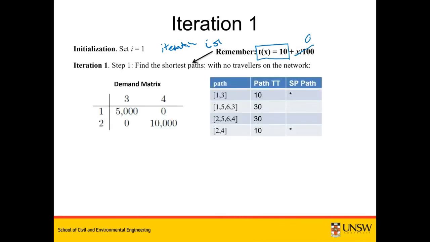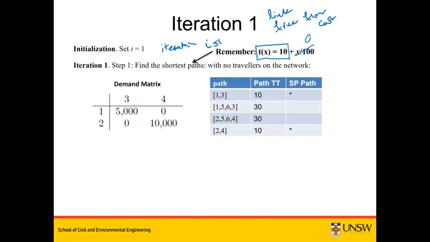But we need to find the path travel time here, because it's the shortest path, not necessarily the shortest link, right? So we use the travel time on links, the link free flow cost, to find the shortest path.